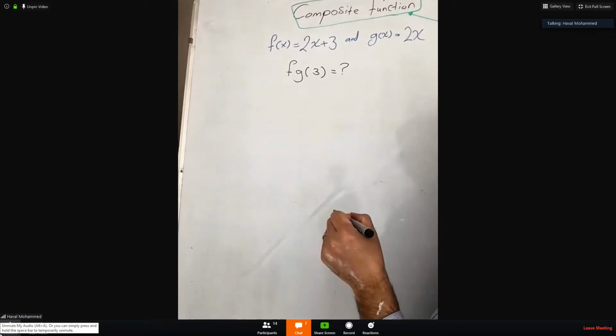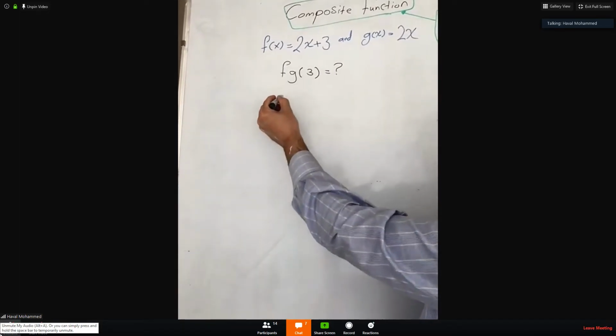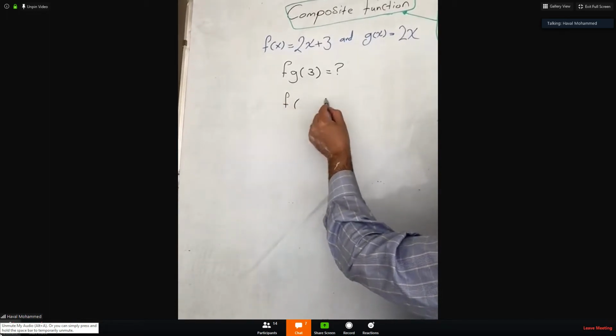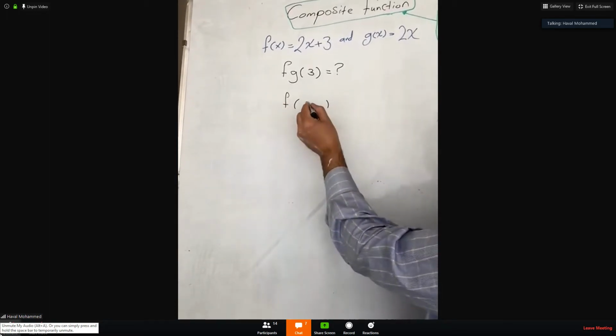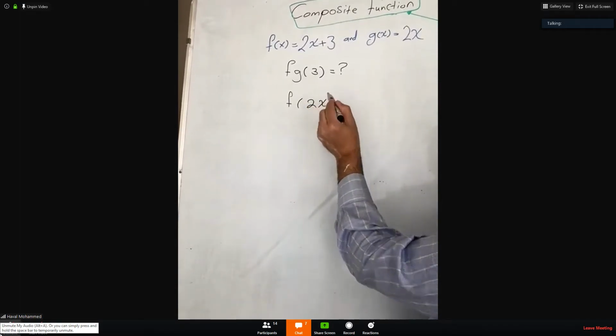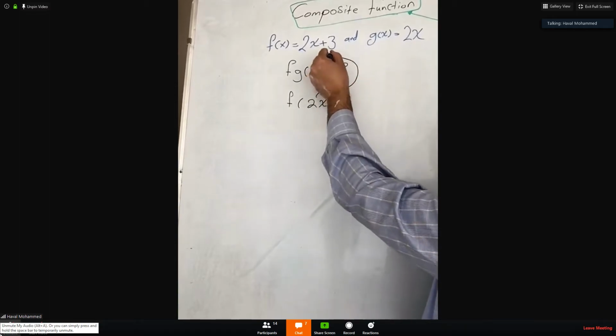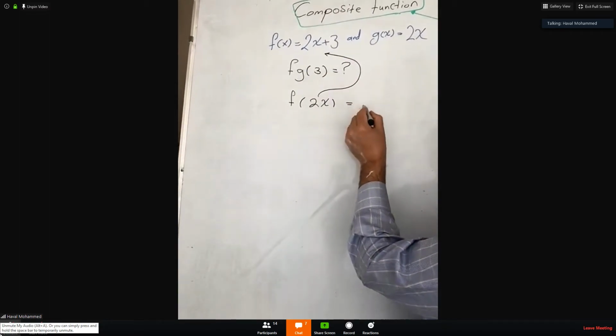What you do here, you write f instead of g(x). What's g(x) equal to? You plug this value where? In the f(x) function. Then what's the f(x) function?